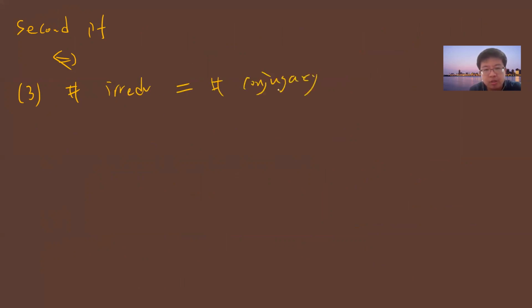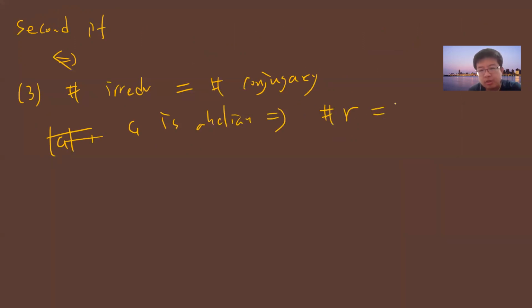The second proof is much more powerful and can prove both directions. Remember in the third property that the number of irreducible representations is the same as the number of conjugacy classes. If G is abelian, the number of conjugacy classes is just the order of the group.